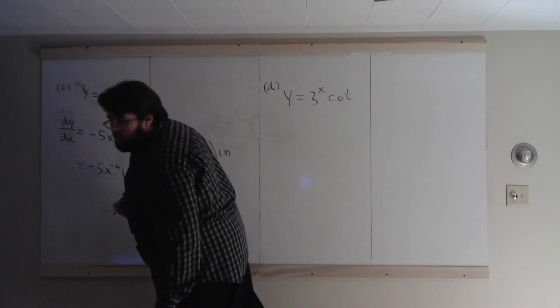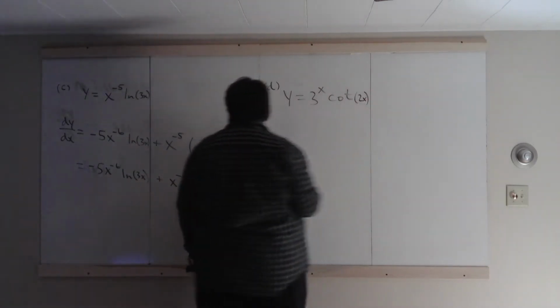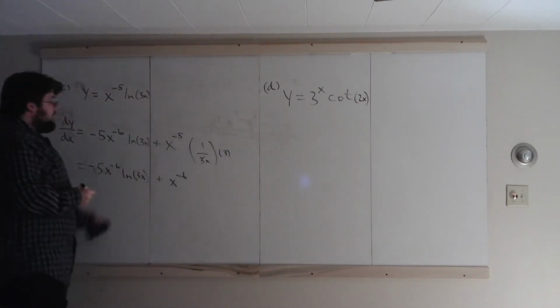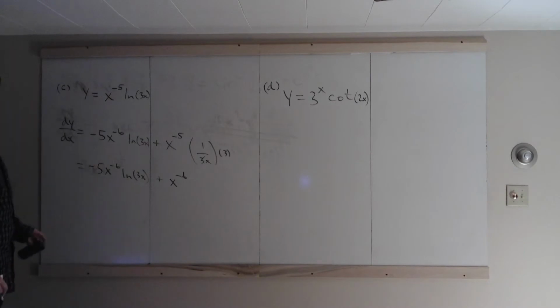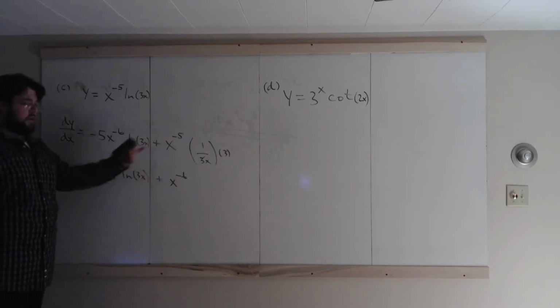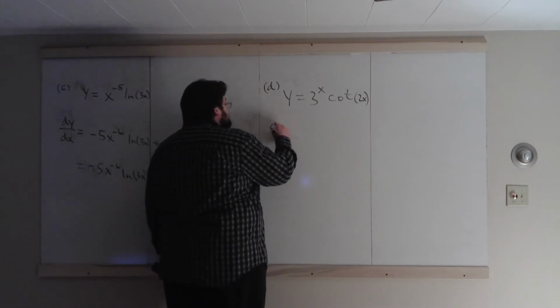It's a cotangent of 2x. You actually didn't have to do that step of simplification, but you also don't have to factor out an x to the negative 6 since it exists in both terms.